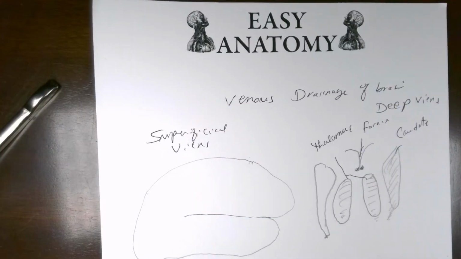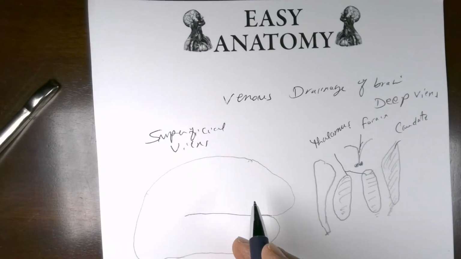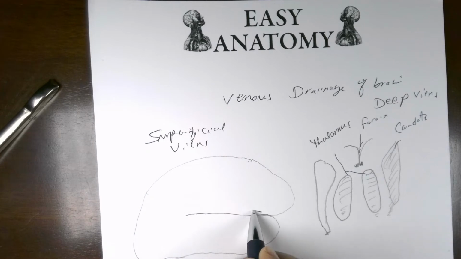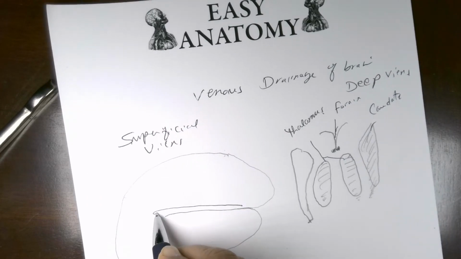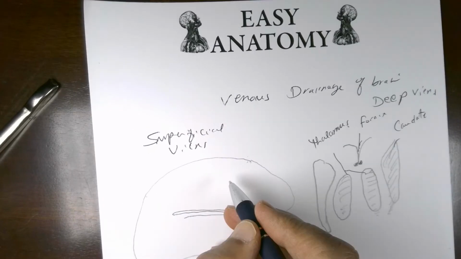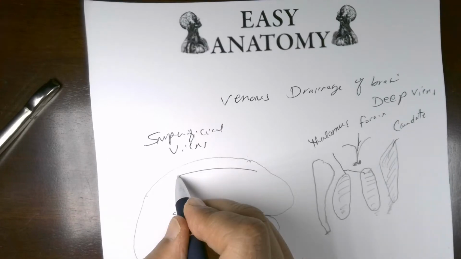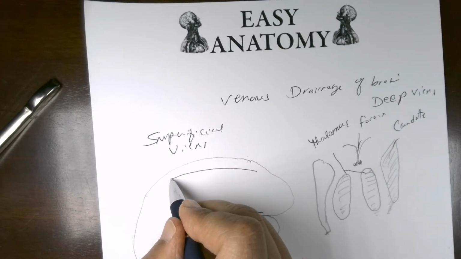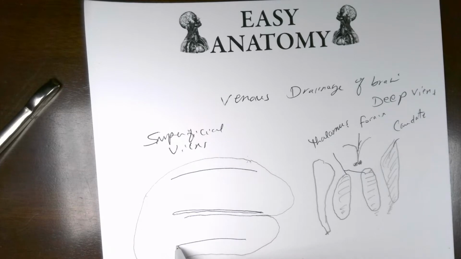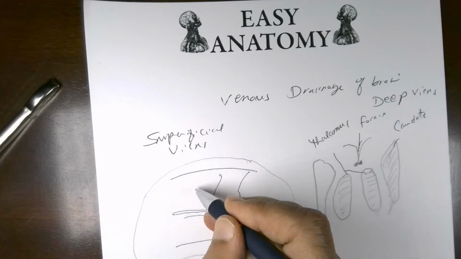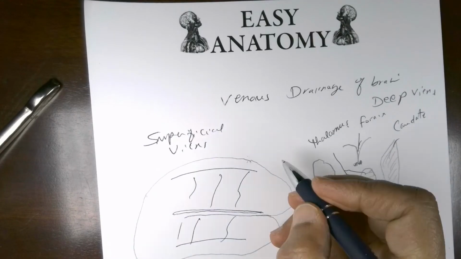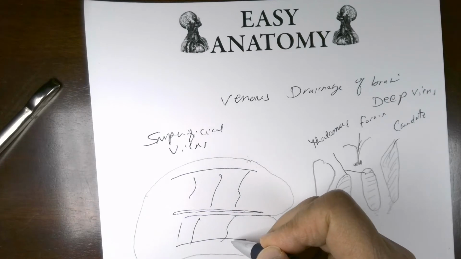Okay, the superficial veins, you have the superficial middle cerebral vein, you have the superior group, you have the inferior group, and there are always communicating veins between the three. So you have superior, middle, and inferior.